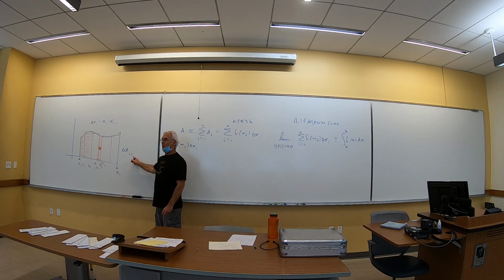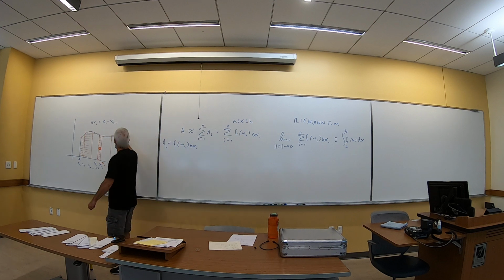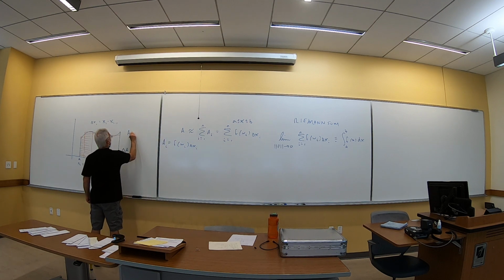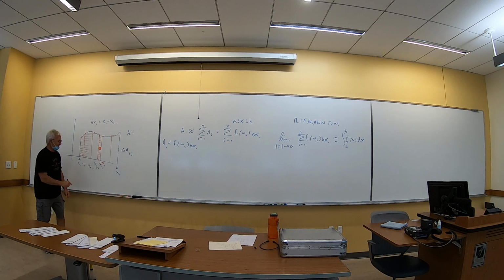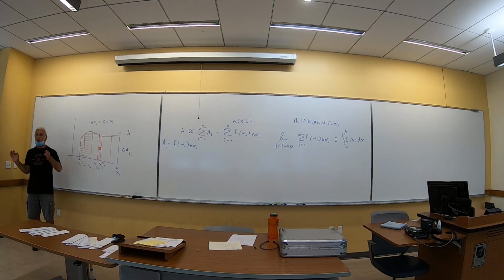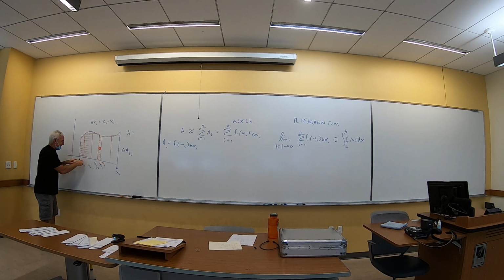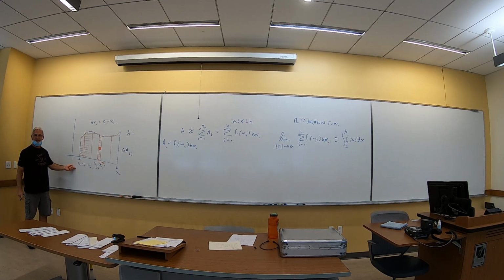Okay? Would it be reasonable for me to say that I could estimate my area by adding up all of these guys now? So down here, this is capital A11, and then this would be A12, A13, A14, blah, blah, blah. This would be A21, A22, A23. This would be A31. If I add up all the little rectangles, would I again get a reasonable estimation? Yeah, because if I add up all these rectangles, I get Δx1.